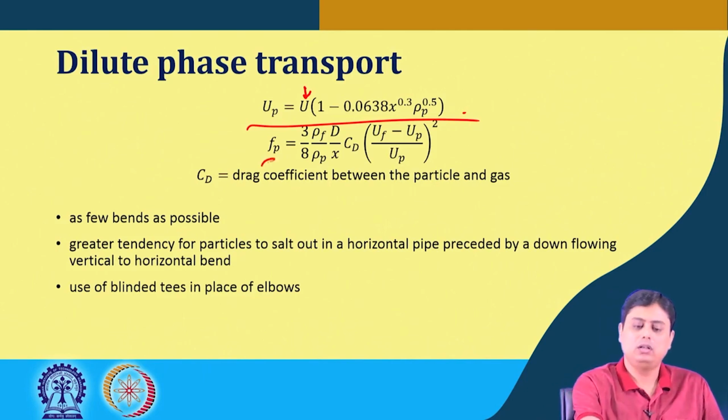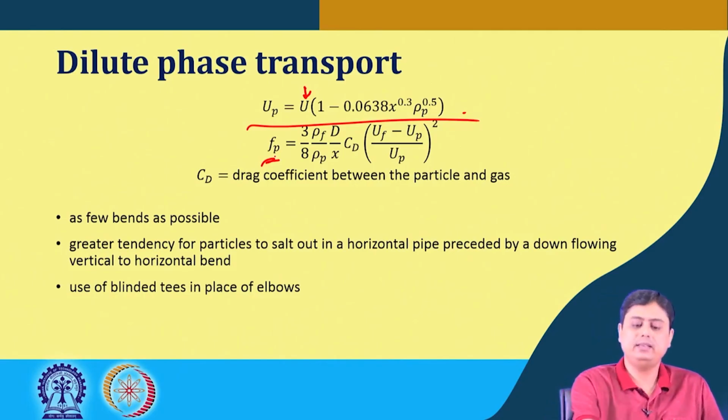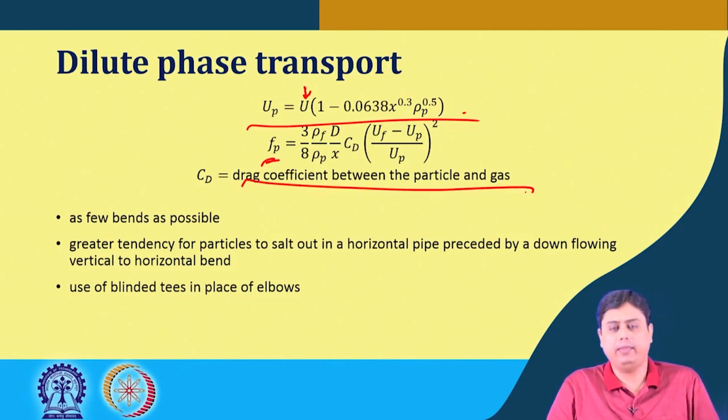And we can find out the friction factor for such a case, where CD is the drag coefficient between the particle and the gas phase. So, there are several correlations and we have to choose suitably the one that fits our working condition, as we emphasized during the slurry transport calculations as well. Similar to that, here also we have to apply a similar strategy.